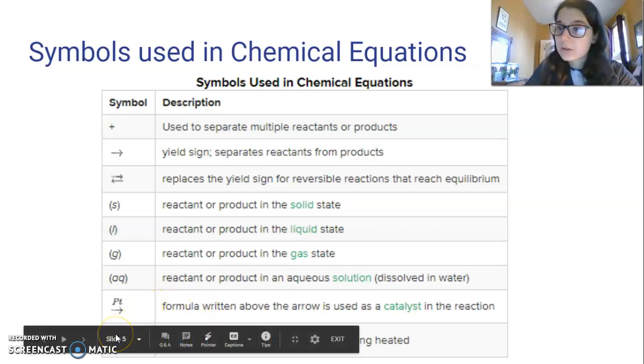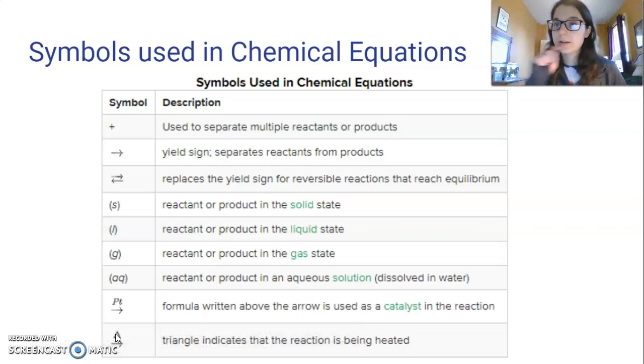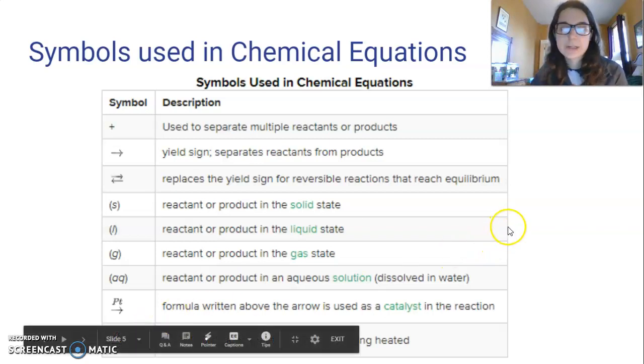The little triangle, which is really a Greek delta sign over the reaction arrow, indicates that the reaction is being heated. We're adding heat to the reaction. Some reactions you add heat, some reactions release heat. That delta kind of just shows that heat is being changed in the reaction.